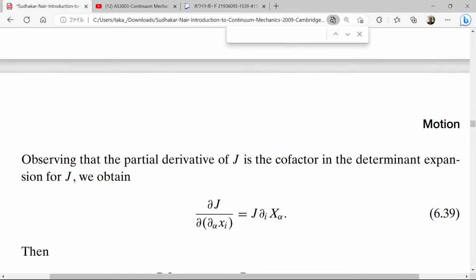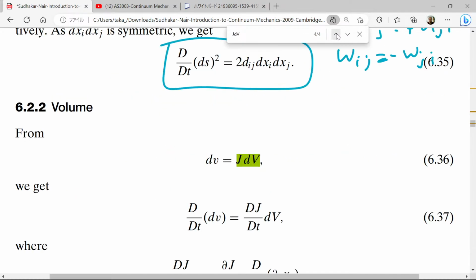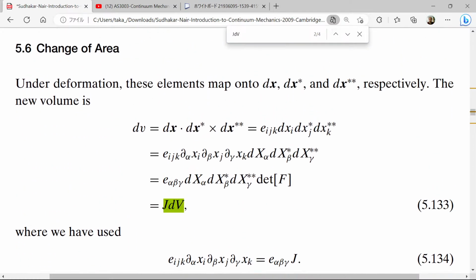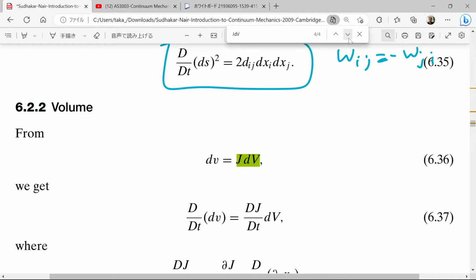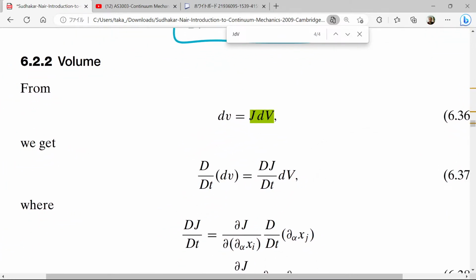Let me just search J dV. We did it here, right? Change of area. We did it here. dV, small v. Okay. So then we take the time derivative of this.